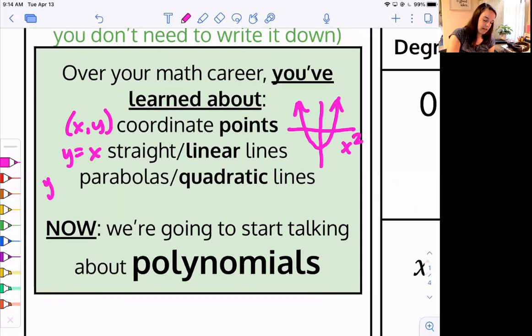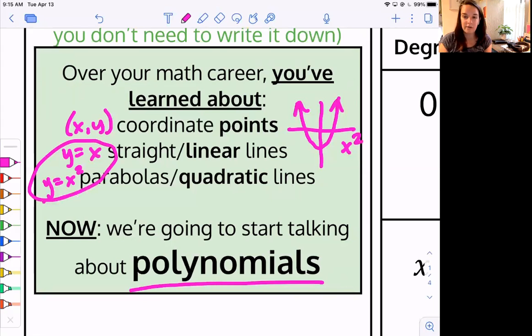And then we moved into y equals x squared. So we've already been dealing with tons and tons of different lines and points on a graph. Today, we're going to start to talk about polynomials, and it actually includes y equals x and x squared. It actually includes linear and quadratic. So you're already part of the way towards knowing what a polynomial is.